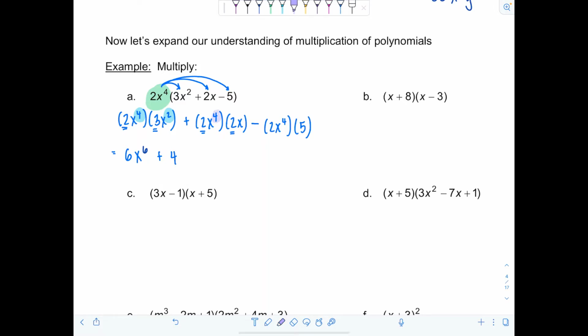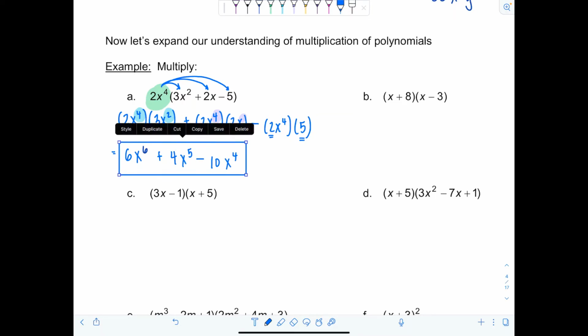I have x to the 4th and then x to the 1st, so that's going to be x to the 5th, minus 2 times 5, so that's 10, and x to the 4th is the only variable. So that's our final answer there, okay? I personally have no problem when my students just jump to this last line that I'm trying to box. There we go. Okay, good.